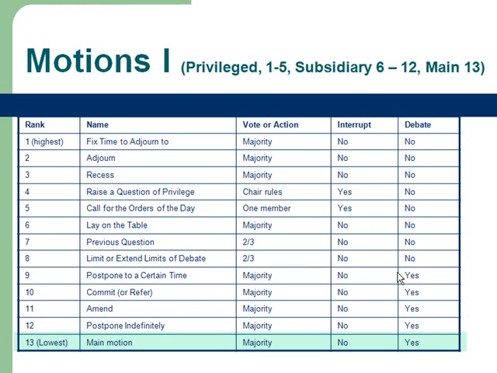Now, say, for example, someone would like to refer that to a committee for further debate. So someone could rise in the discussion of the main motion and move to commit to a committee. It's at rank 10. So if it passed by majority vote and debatable, a committee would be created, and this motion on what we should eat for lunch would then be referred to committee.